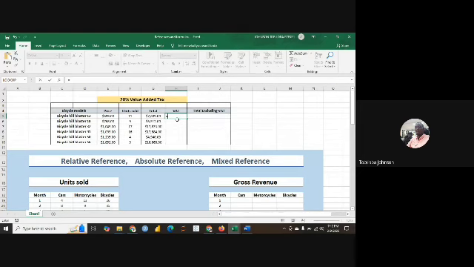The VAT will be 20% of the total, that is the sales. So we select this cell, multiply by, and multiplication in Excel is the asterisk operator, total multiplied by 20%, that is 0.2. Okay, so I'm just going to hit enter.